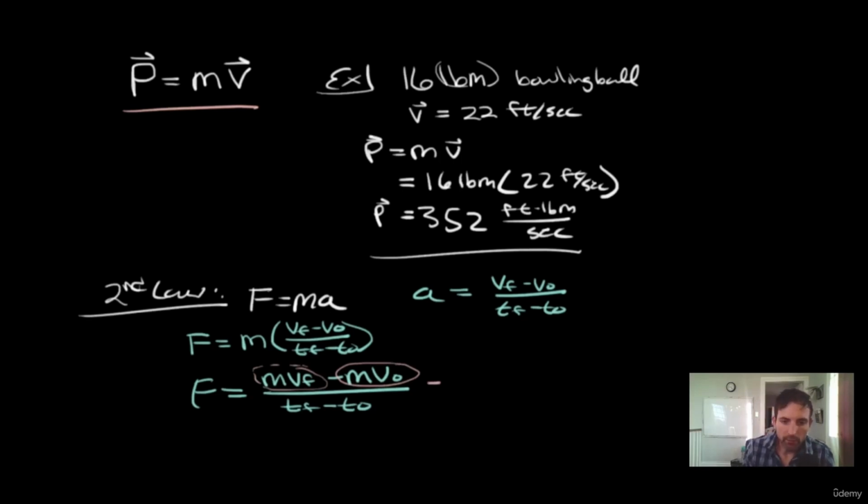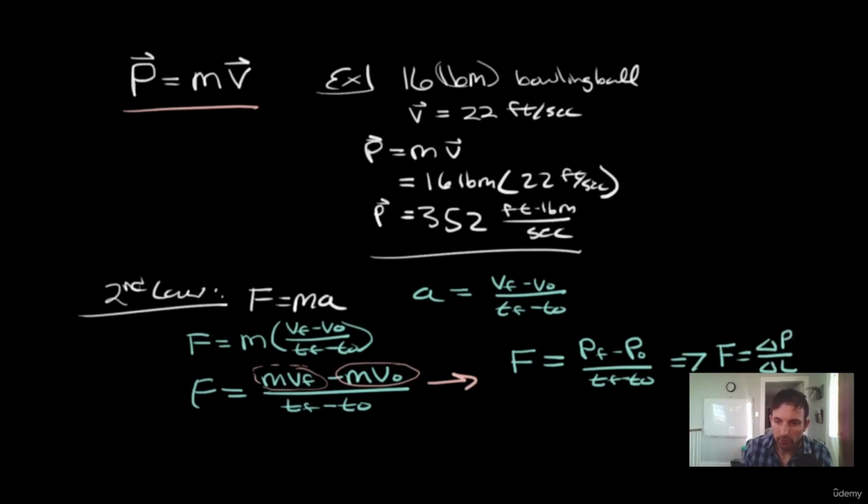So now we can rewrite this as force equals the momentum final minus the momentum initial over the time final minus time initial, or force equals the change in momentum over the change in time.